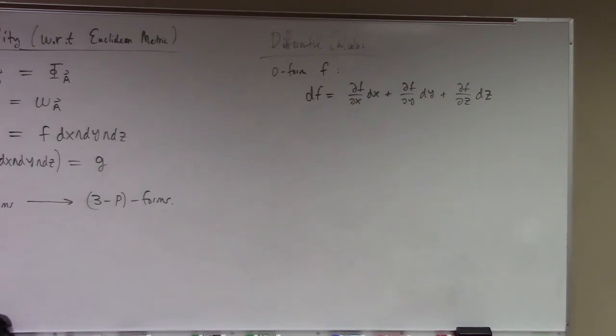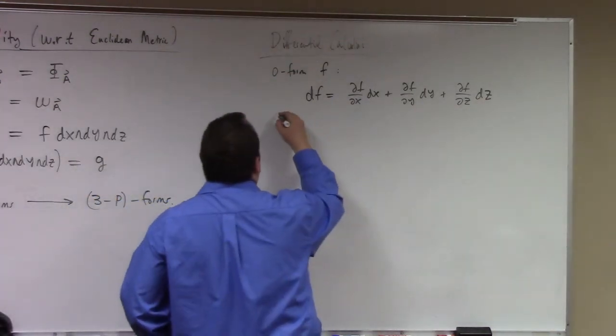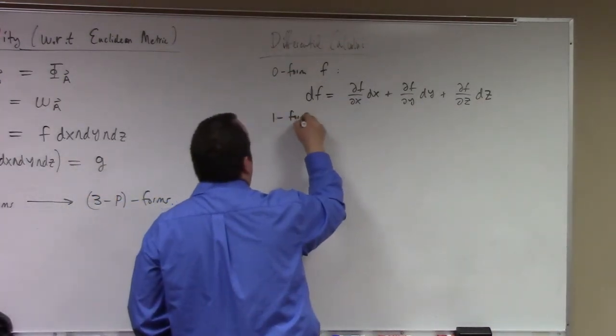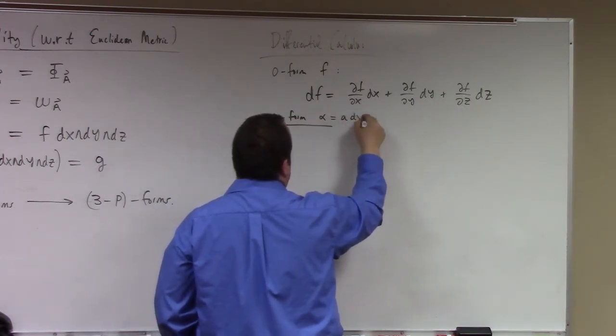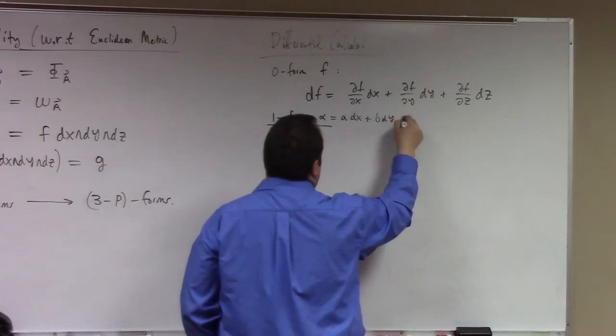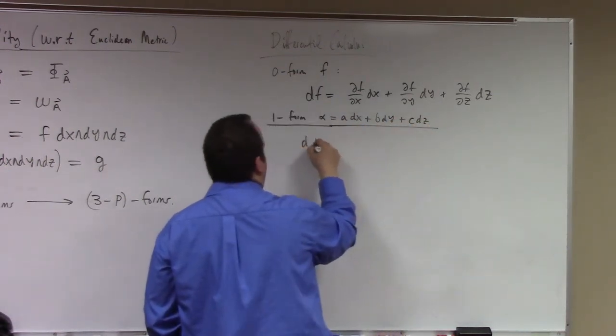It's like we've all of a sudden drifted from this fantastical nonsense to something that's very much a cut and dried standard Calc 3 topic. Take the total differential of a function. Then what's up next is if you have a 1 form, alpha, let's say, a dx plus b dy plus c dz, for the sake of discussion, what's the differential of alpha?